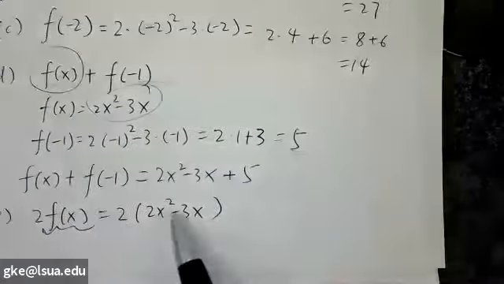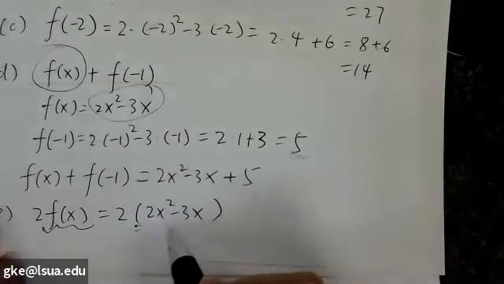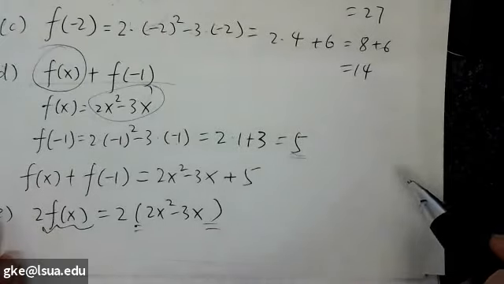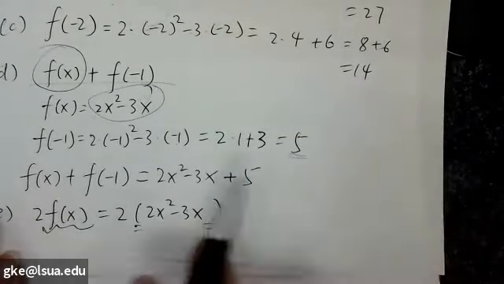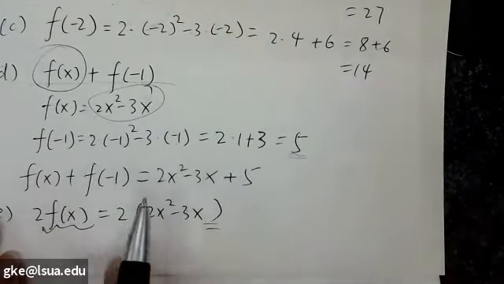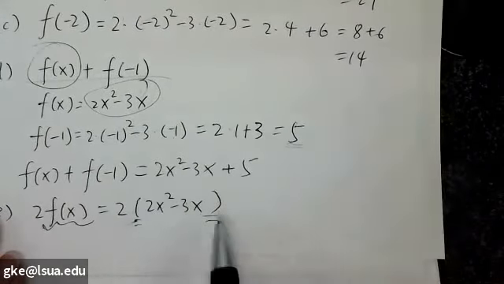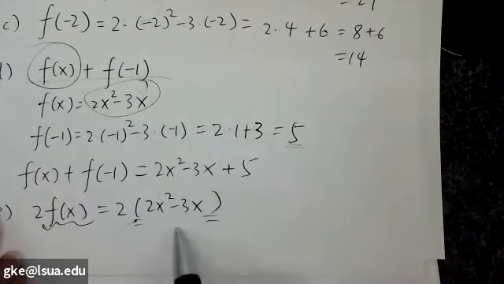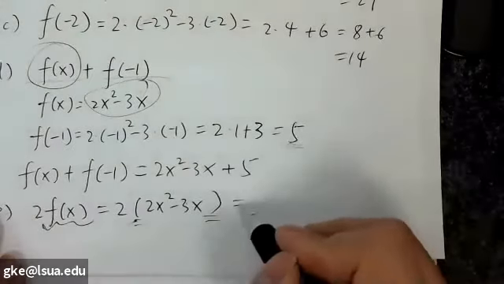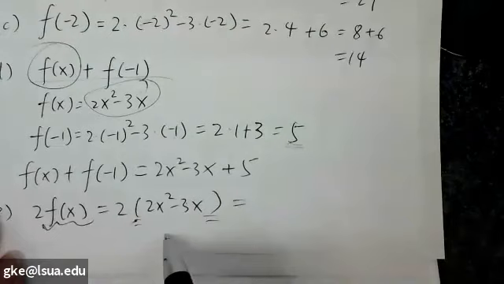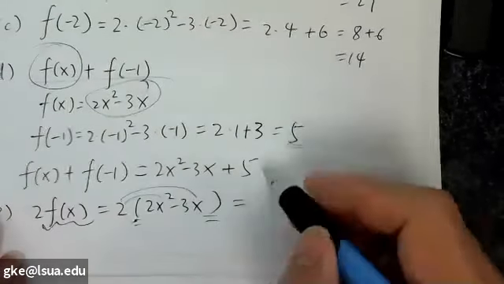So 2 times the whole thing. Be careful. For the whole thing you need to put a parenthesis in case you make a mistake. So that means 2 times, put a parenthesis here. Just plug in the f(x) and apply the distribution.